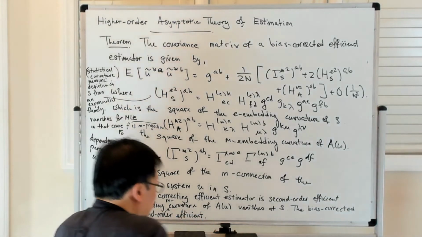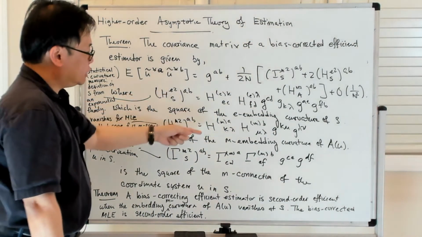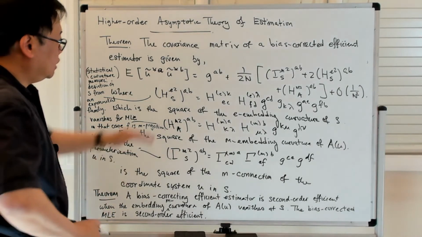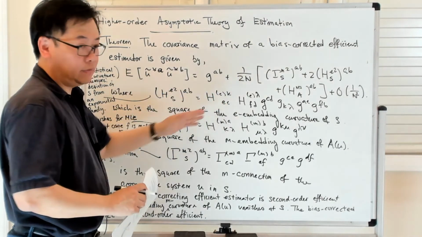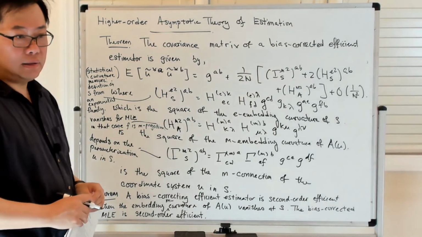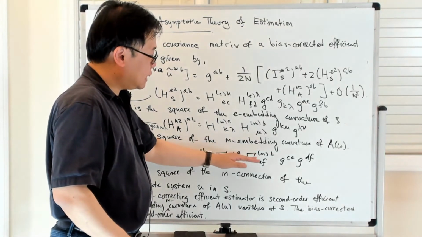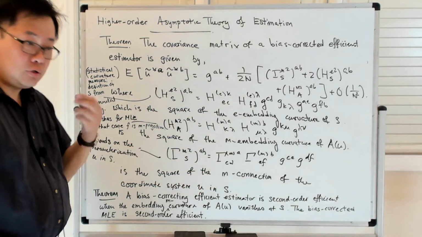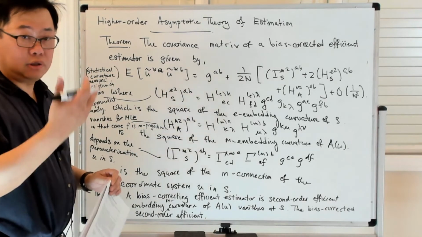Why do we say that? If you look at all these terms, how S is embedded and what its E embedding curvature is, is something which you don't have a choice in. You're given this statistical family S, and you're also given the coordinatization of S. So the only choice you have when you construct the estimator is the choice of projection.